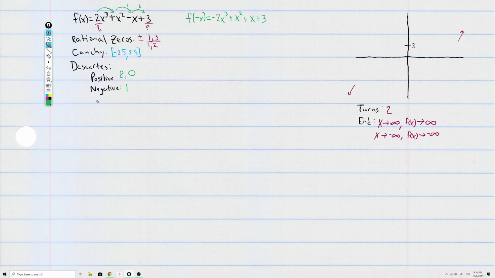So when we start doing synthetic division, which is the next step, I need to probably focus on the negative numbers. All right, so let's set up our synthetic division table. Here's a space for my divisor, and now my dividend is 2, 1, -1, 3. I like to block off the remainder.